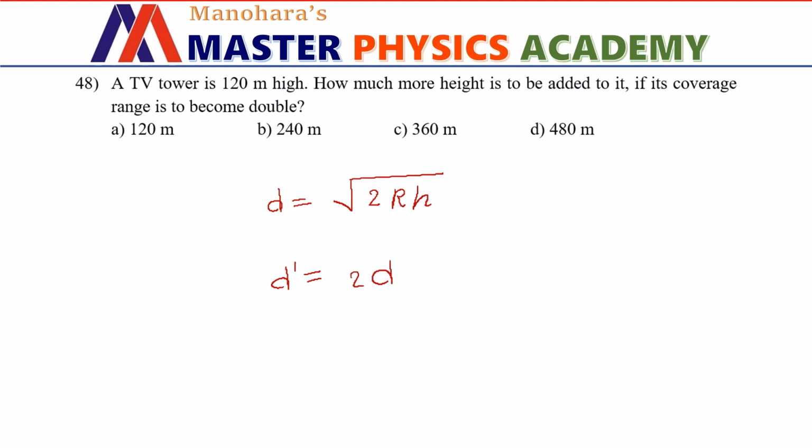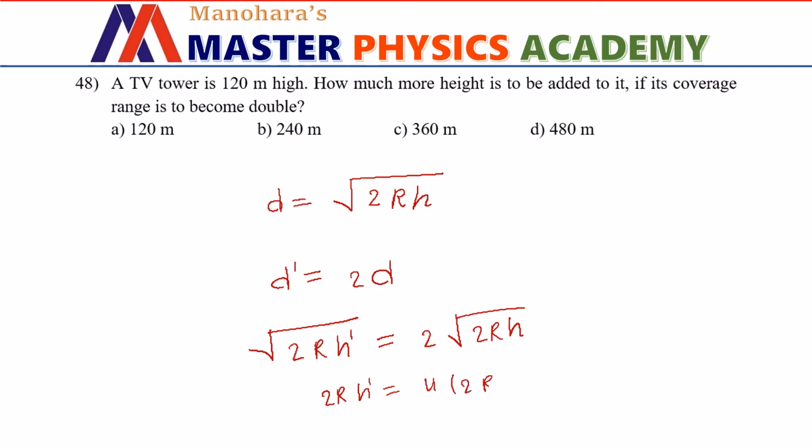The formula for D dash is going to be square root of 2R H dash, where H dash is the new height of the antenna, equal to 2 times D. We know D is square root of 2R H. Now squaring both sides, we get 2R H dash is equal to 4 times 2R H. So H dash is equal to 4 times the initial height of the antenna, 120 meters. So 4 times 120 meters is 480 meters.